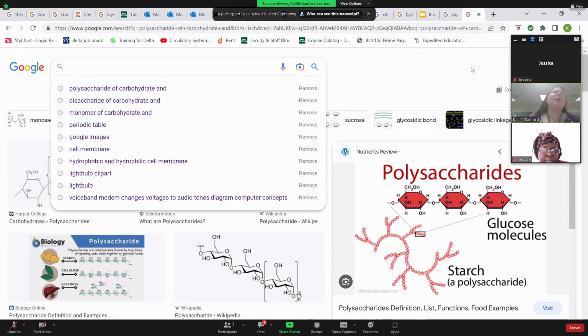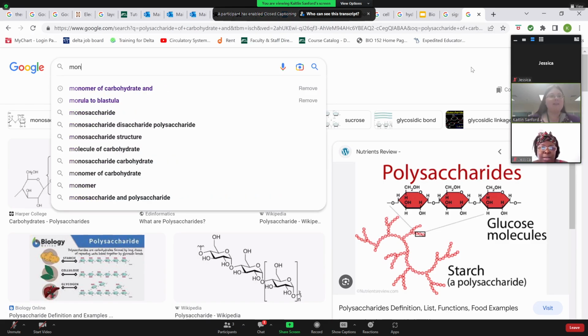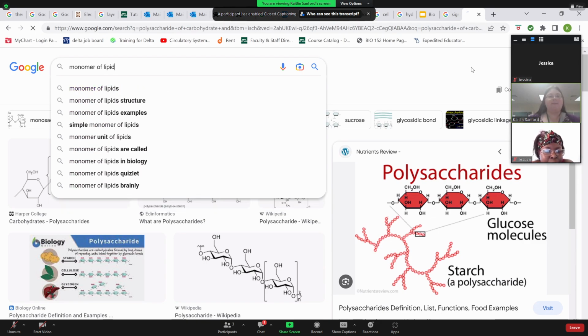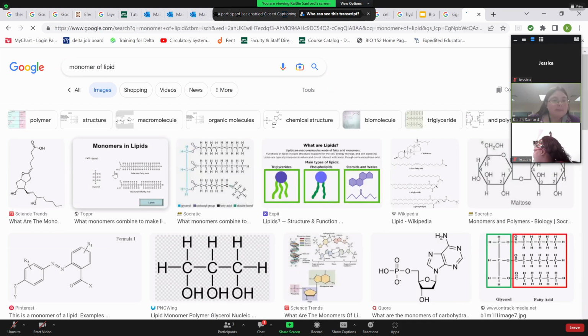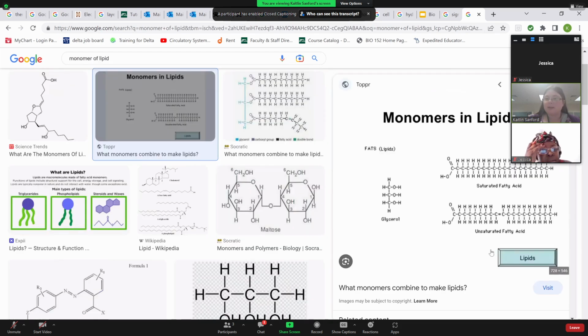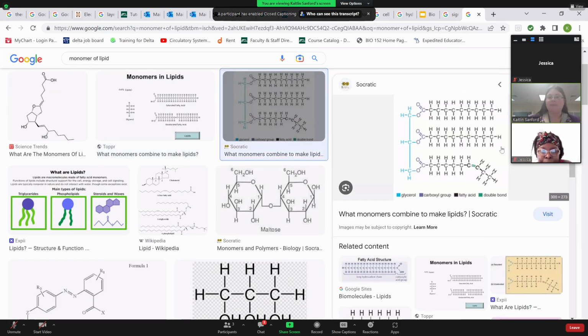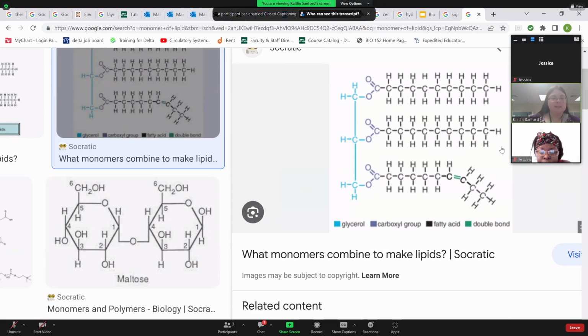What's the monomer of lipids? I know lipids mean fat. So would that be the monomer? There's a name for it, okay? So here is a triglyceride, right?